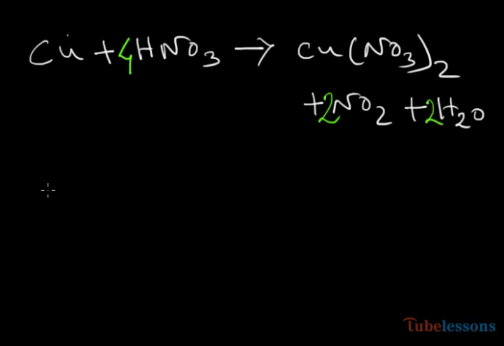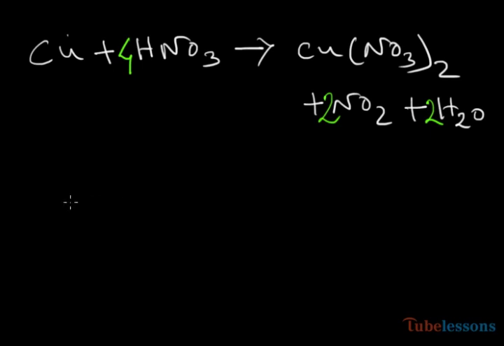So the equation becomes Cu plus 4HNO3 gives Cu(NO3)2 plus 2 nitrogen dioxide plus 2H2O. If we count the number of atoms in the left hand side and right hand side, it becomes equal. So this is balancing of the reaction between copper and nitric acid.